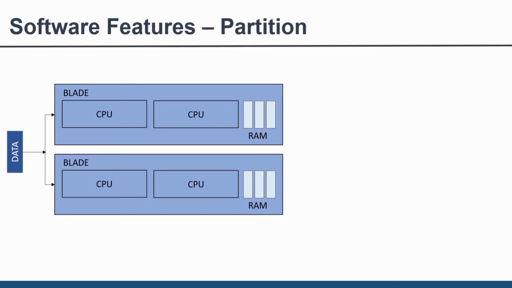Because in HANA you have learned that the CPU has a multi-core architecture. That means the CPU has multiple blades. If you have multiple columns in your table, each blade of the CPU will pick up each column of the table, and each blade will work on each column simultaneously and independently, which will help you achieve massive parallel processing.